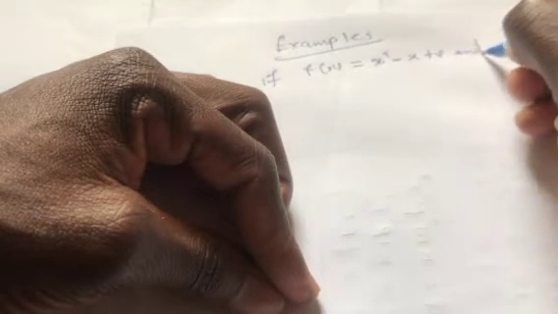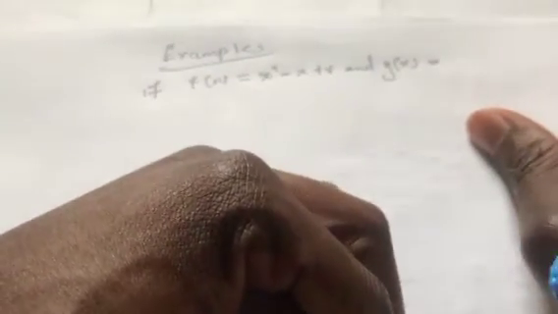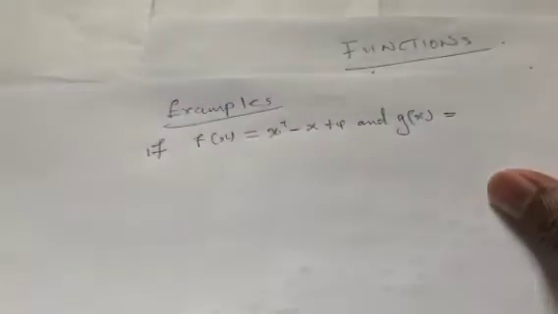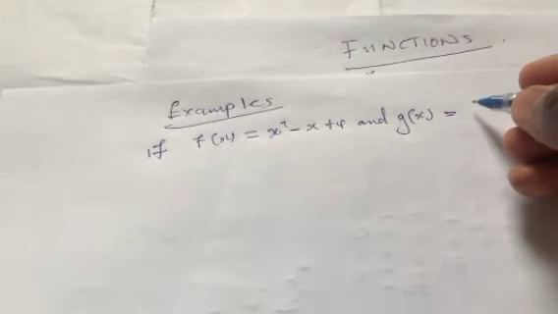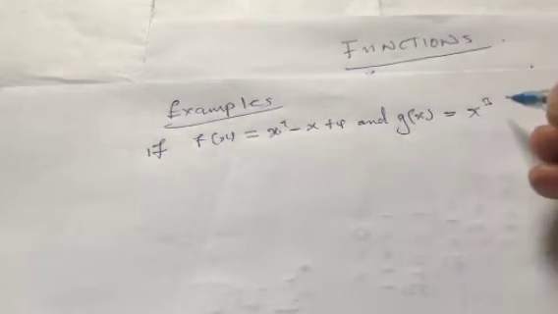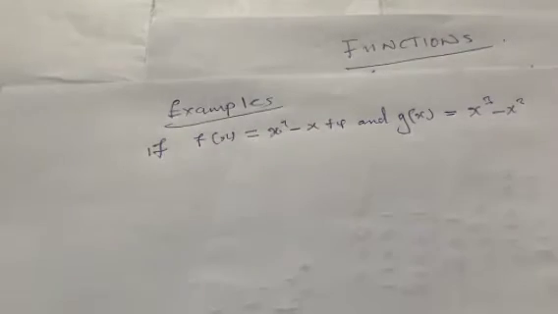If f of x is equal to x squared minus x plus 4, and g of x is given as, what expression can we give here? We can say minus x square. So what is the question in this case?